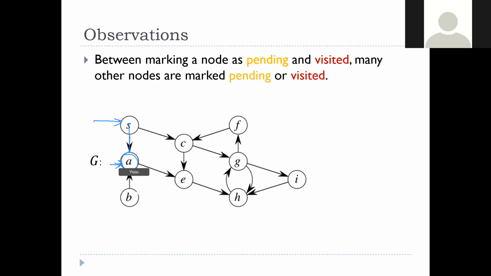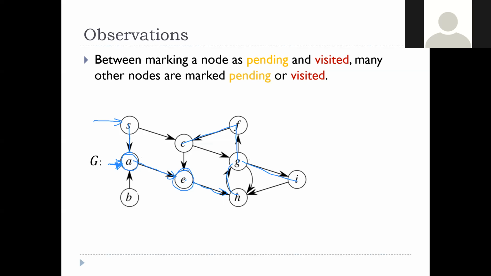In this case, we discover E, and before finishing looking at other neighbors of A, we immediately start to explore E, and so on. So we will only finish exploring A after we finish exploring many other nodes, and then we have to backtrack all the way to A.